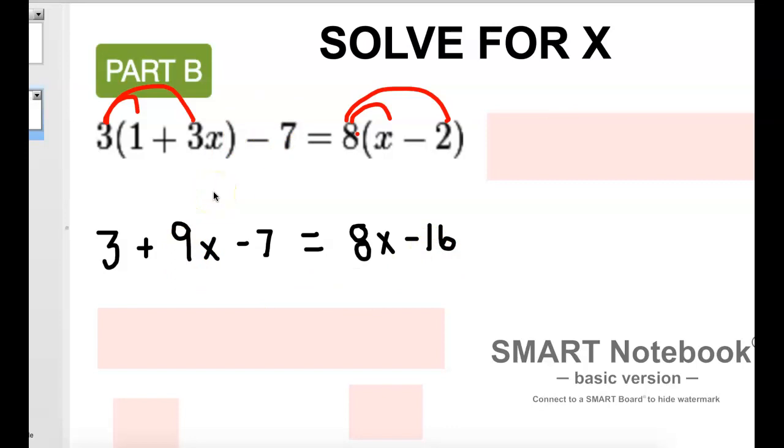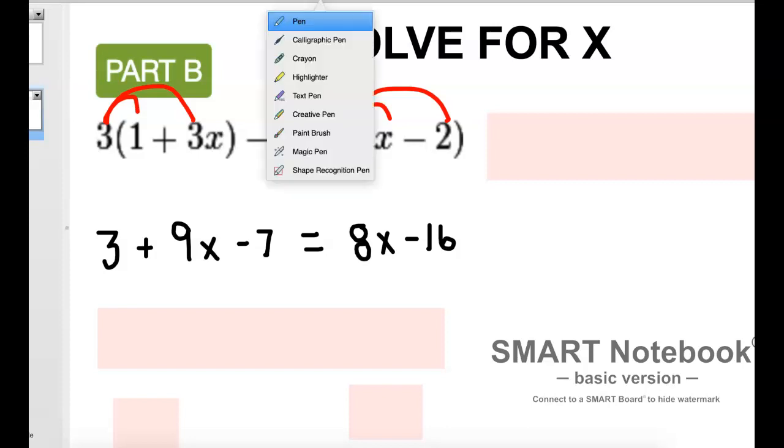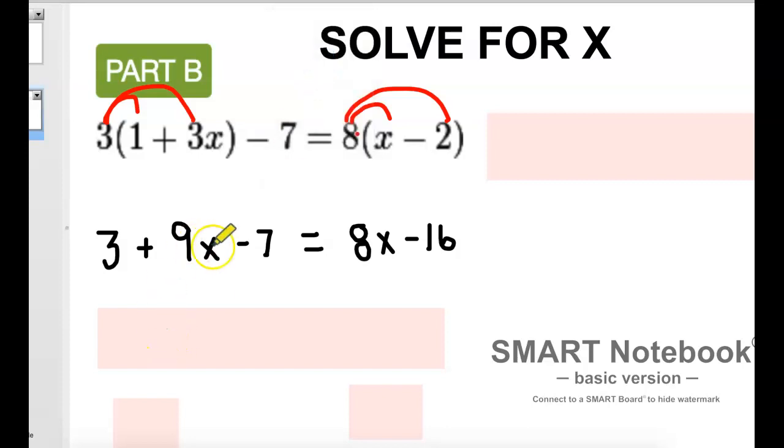After we've done the distributive property, now we need to look at the left-hand side of our equation and see if there are any like terms that we can combine. On the left-hand side, I have a 3 and then I have a negative 7. These are constants, and remember, constants are like terms, so we can combine them with each other.